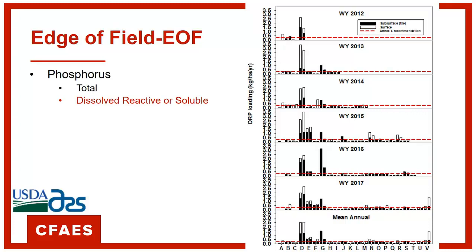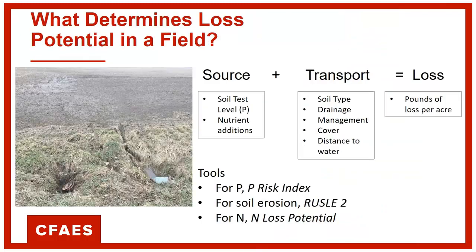Absolutely not. There are differences on a field-by-field basis, and there are differences in management that go over top of that. There's a variety of differences in relationship to phosphorus contributions, and they are not all related to just simply soil test. In fact, if you want to really determine what a loss potential is for a field, it goes beyond just the source piece, which is what we often talk about: the soil test level and the nutrient additions.